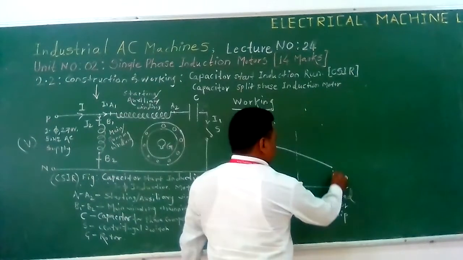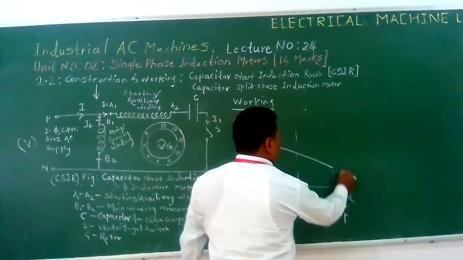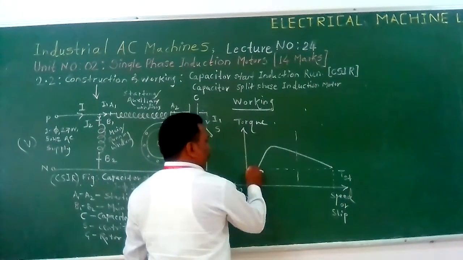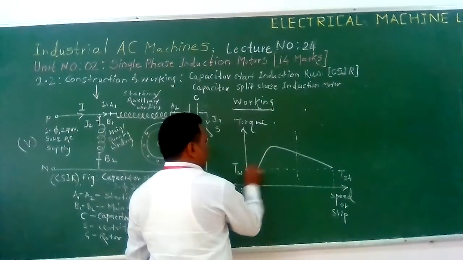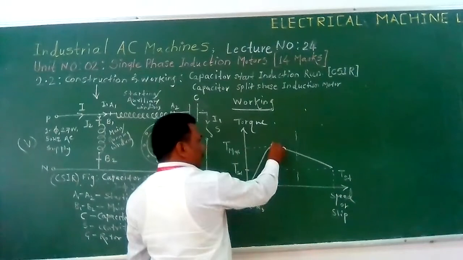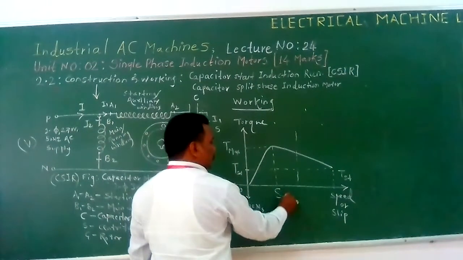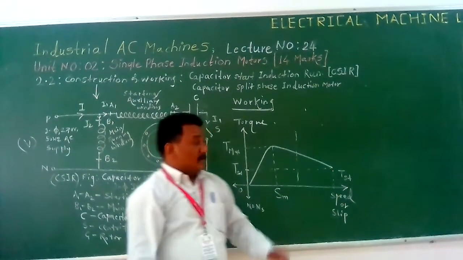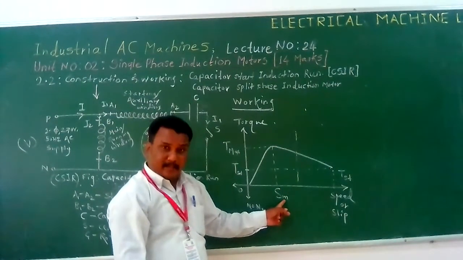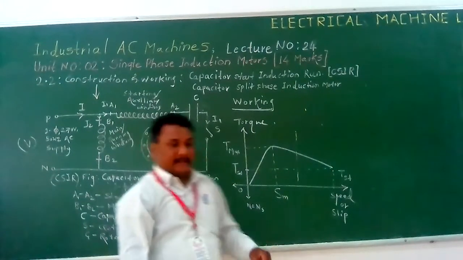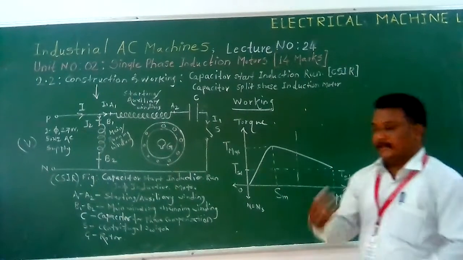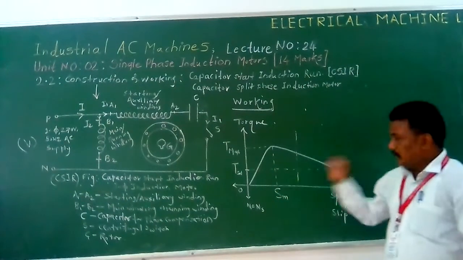This is known as the starting torque, TST, its projection on the y-axis. Here we can represent TST, and here Tmax, the maximum torque, and the corresponding slip is SM, the maximum slip. The maximum torque is produced only at the maximum slip condition. This is the torque speed characteristic of the single phase capacitor start induction run motor.